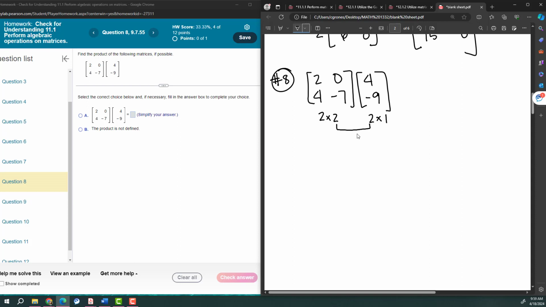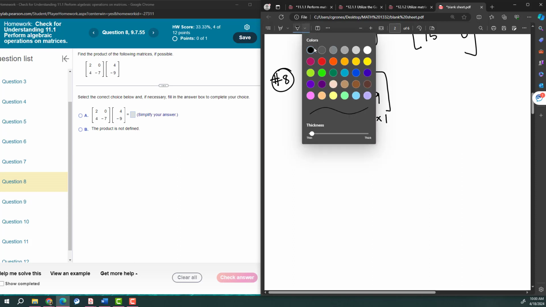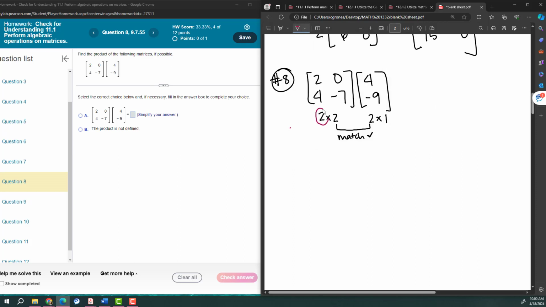So these two pieces have to match, and they do, so that means we can find our product. Now, when we find our product, we are going to take these two, and the dimensions of our answer are going to be 2 by 1. So that means it's going to be like our second matrix.